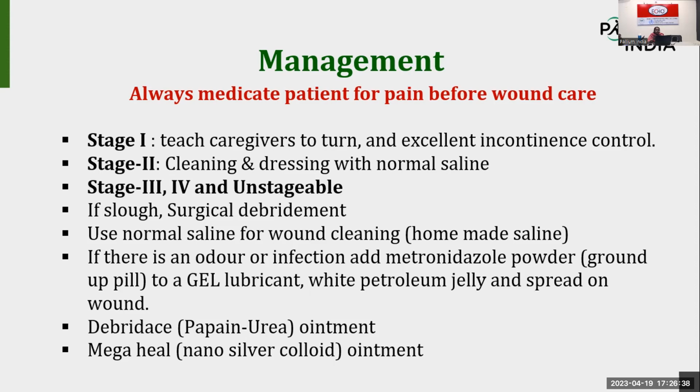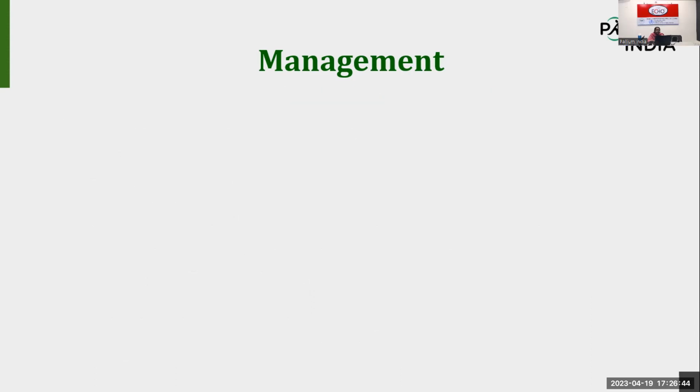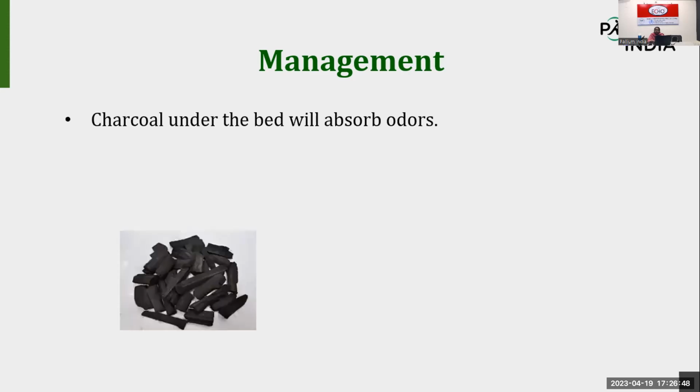After the slough removal, we use Megahil ointment and then continue the management part. Charcoal is one of the good agents for controlling bad smell. Usually malodor is one of the major symptoms here.